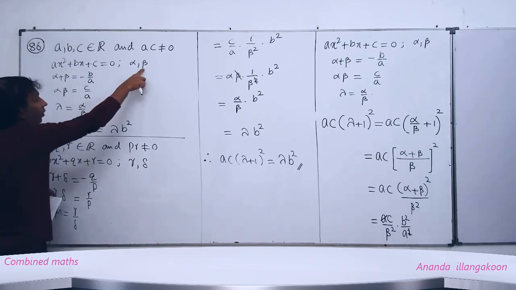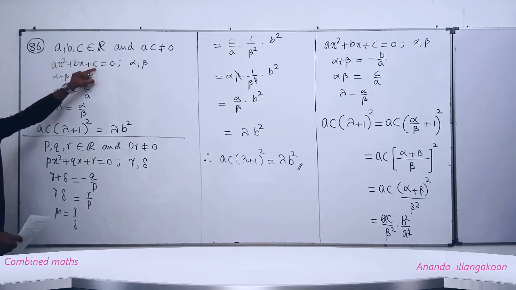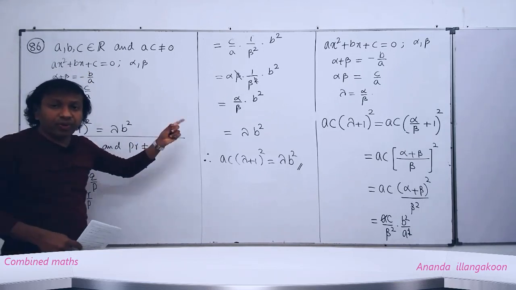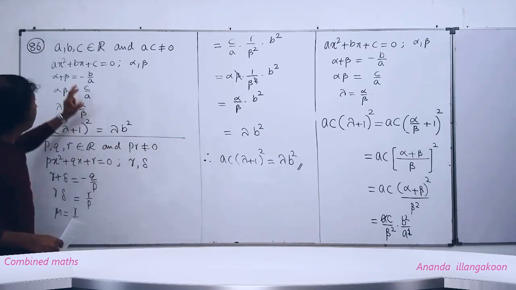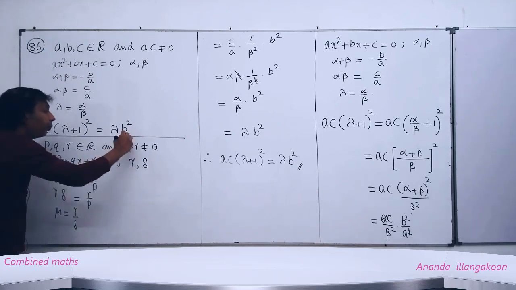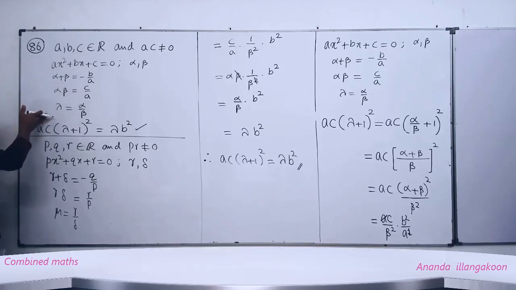And for alpha beta, if we put gamma delta, the same data comes. When you compare the two sets of data, they are very similar. Only thing is, when you put p, q, r for a, b, c respectively, and gamma for alpha and delta for beta, automatically we can generate this set of data.